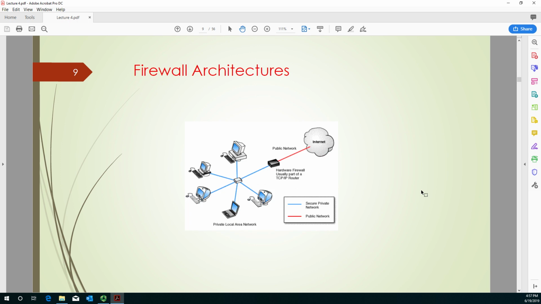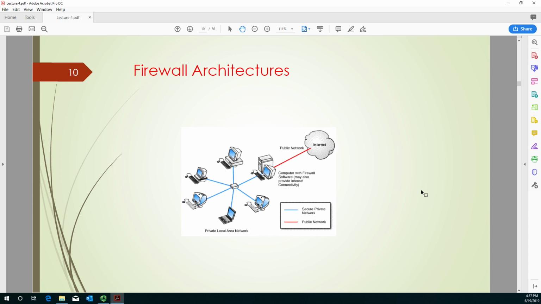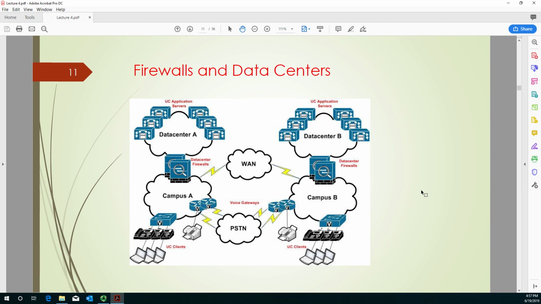There could be a hardware firewall, where a hardware device is used as a firewall between your network and the internet, or that could be a software firewall, where a computer runs software that serves as a firewall. All right, so firewalls could be between different LANs or data centers, between different campuses and all those things.